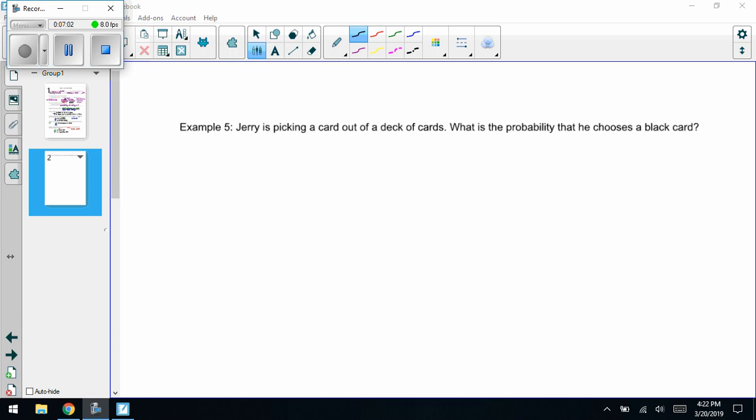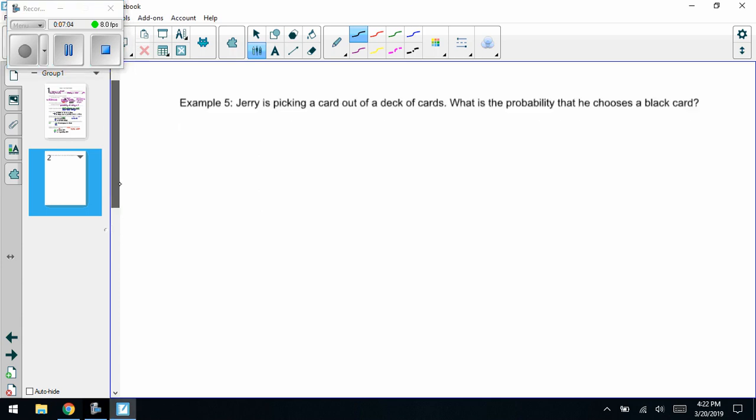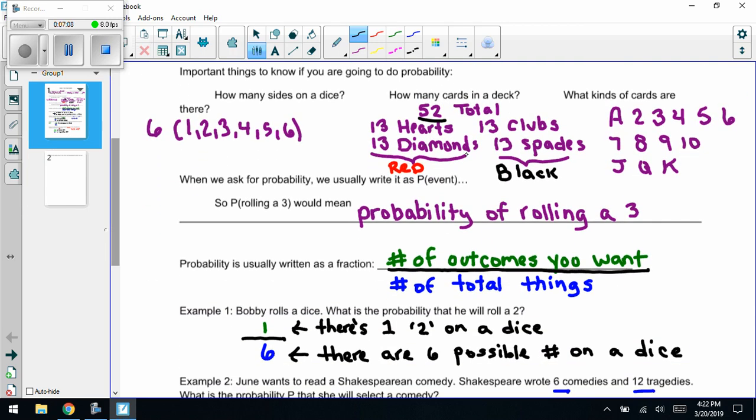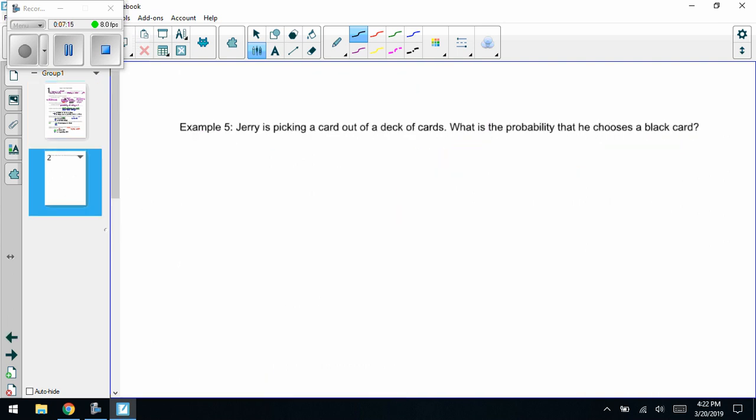Again, those notes on this page are going to be super helpful. Go back to the front page. And again, it shows that the clubs and spades are black. There are 13 clubs and 13 spades. So off to the side, I'm going to do a little bit of math. So we've got 13 and 13. When we add those together, that gives us 26 total cards that are black.